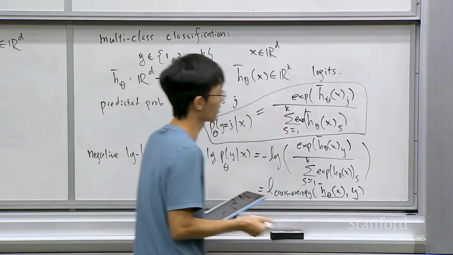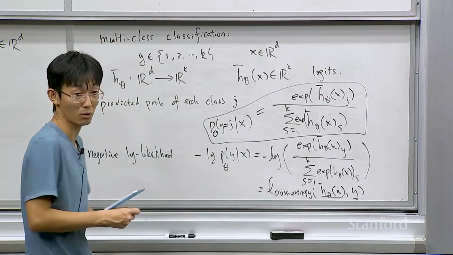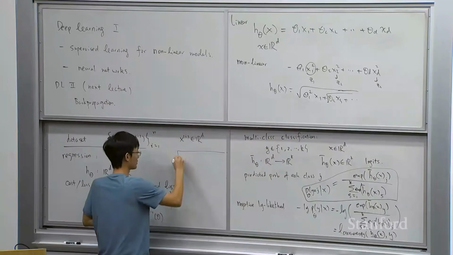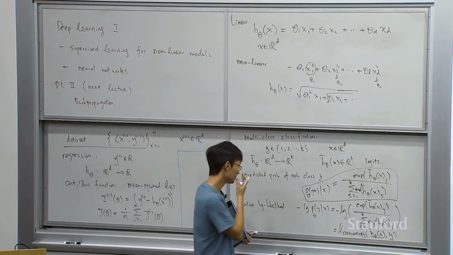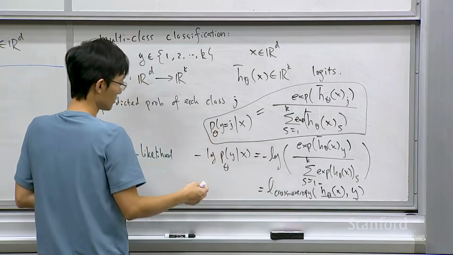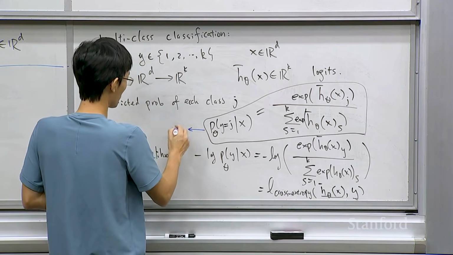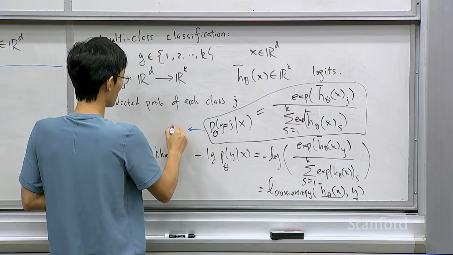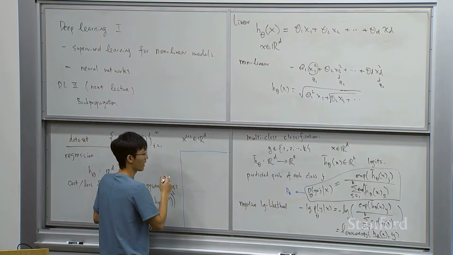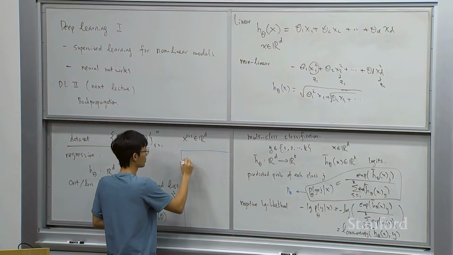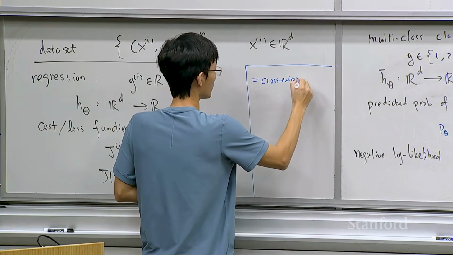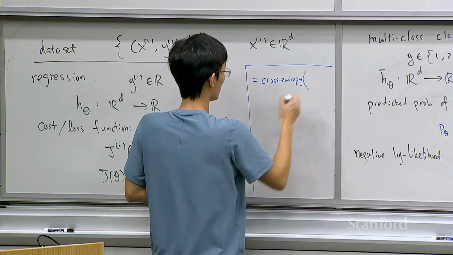So the question is why this is called cross entropy loss. If you have this distribution, let's call it P theta, then this cross entropy loss is actually equal to the cross entropy between the true distribution.